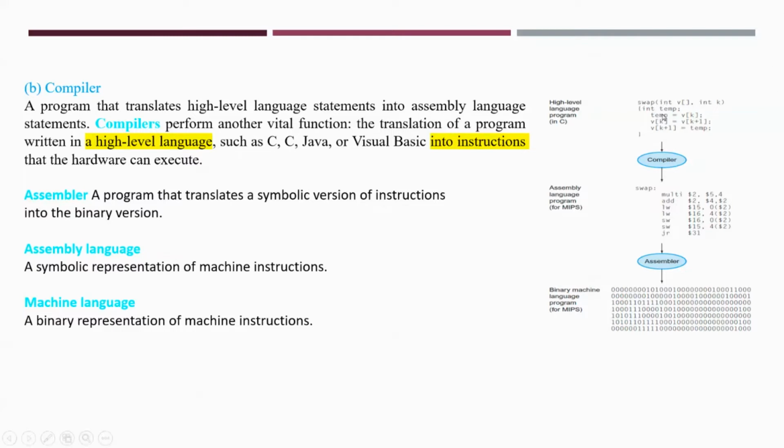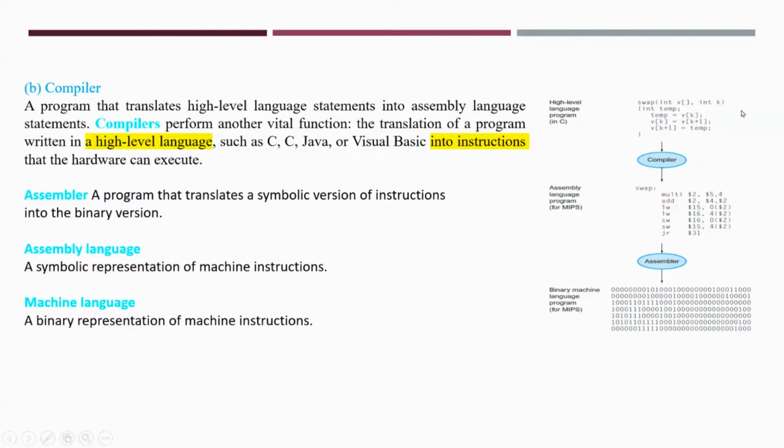You can see here there is a high level language program. A high level language program can be a C program, or a C++ program, or a Java program. Any kind of high level language program can be converted into an assembly language, or we can call it the form of instructions, by using the compiler.